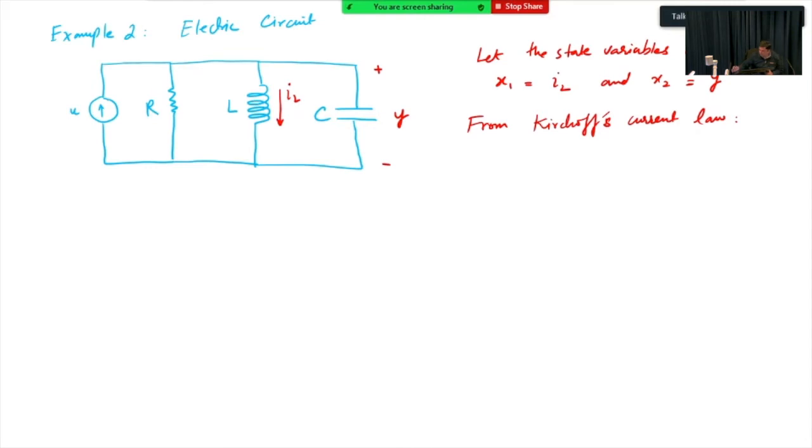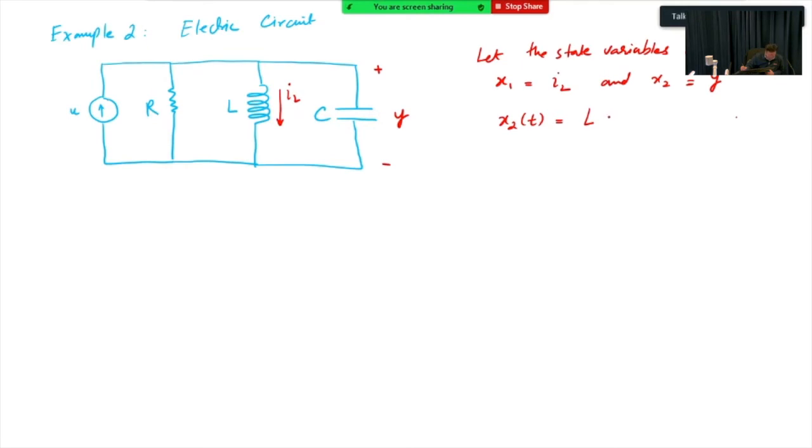Before even doing this, you can say that the voltage across the inductor, x2 of t, is actually L times the derivative of the current.